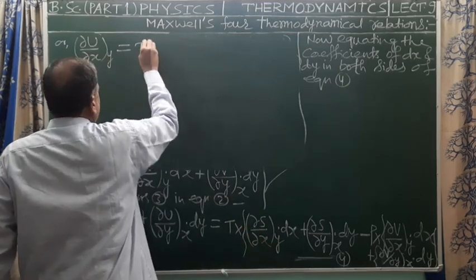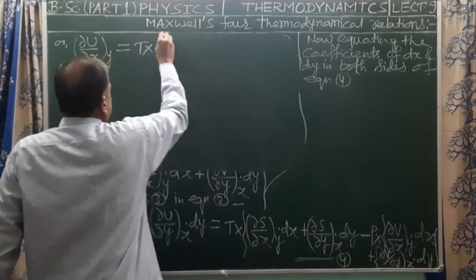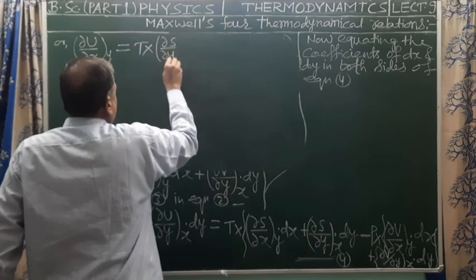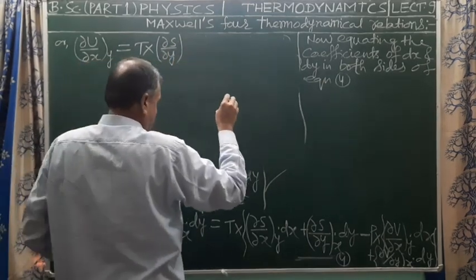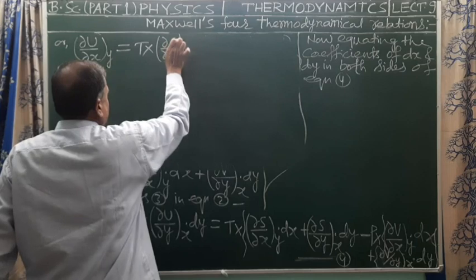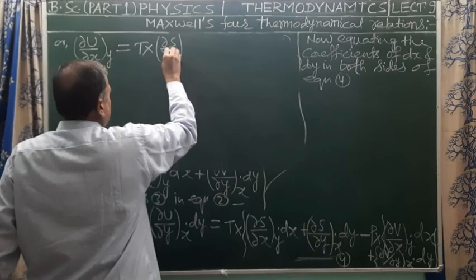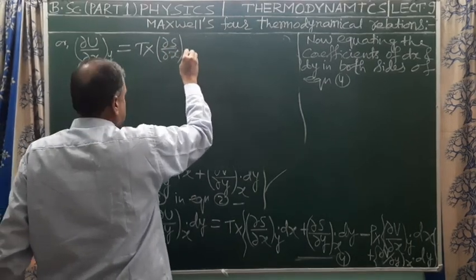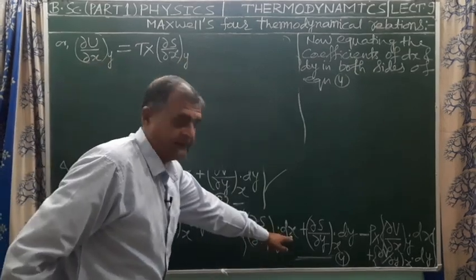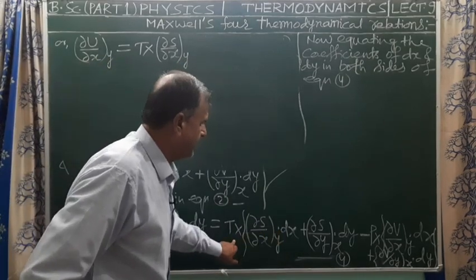So T multiplied by del s upon del x at constant y is the coefficient of dx in the first term of the RHS.